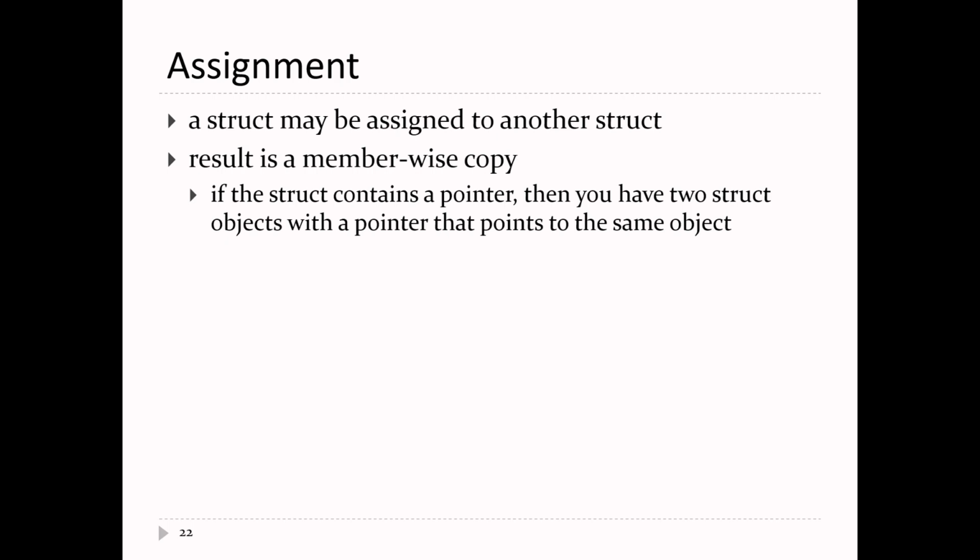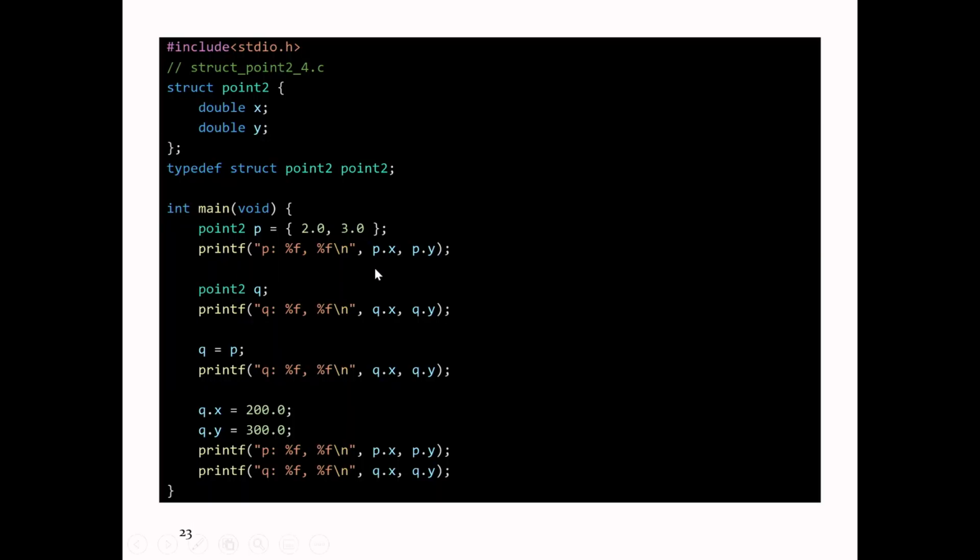So you get a member by member copy. If the struct contains a pointer, you have to be a little bit careful. If one of the members of your structure is a pointer, then when you do the assignment, you end up with two structure objects containing a pointer that both point to the same thing.